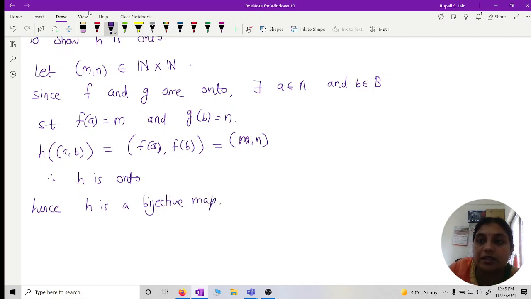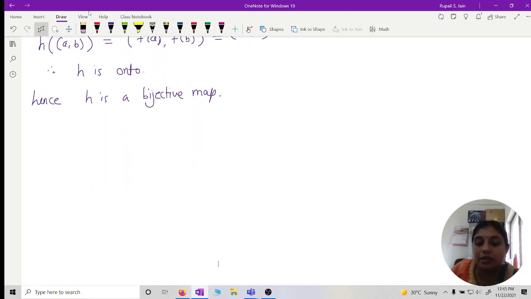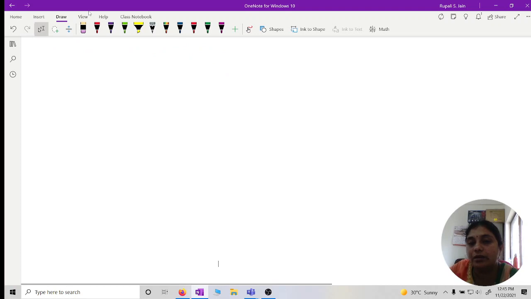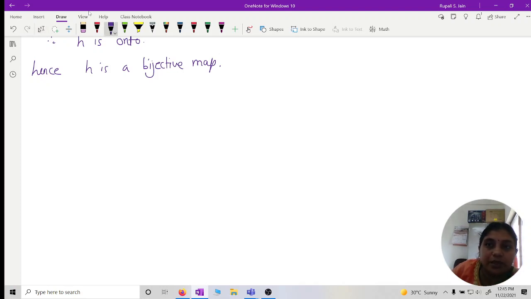Now H is a bijective map from where to where? A cross B to N cross N. So what does this imply?